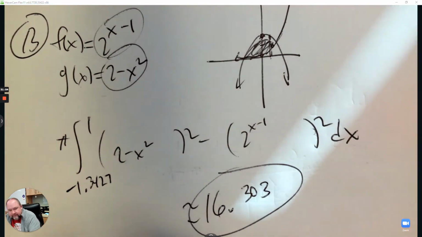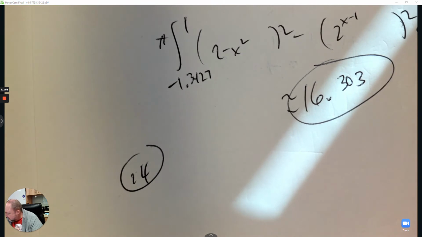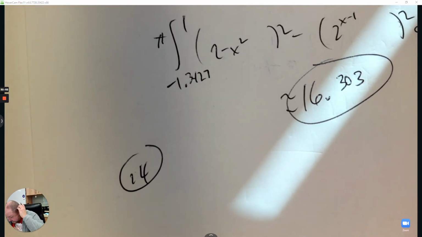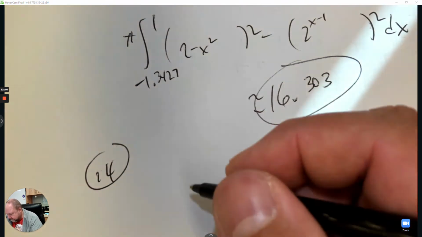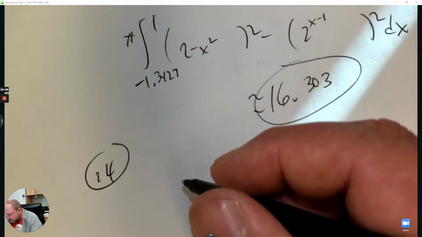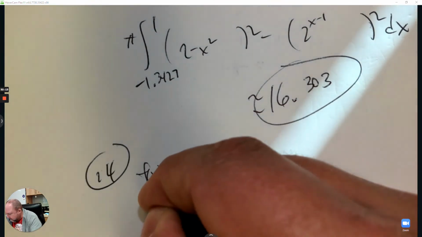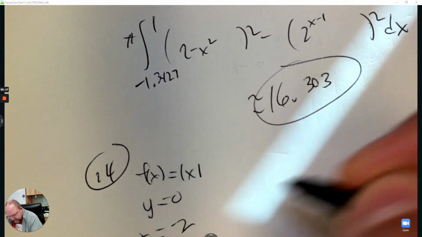Number 14. It says sketch the region, set up integrals for the volumes. So we're not actually going to find the volume. And we have the absolute value of x, y equals 0, x equals negative 2, x equals 3.